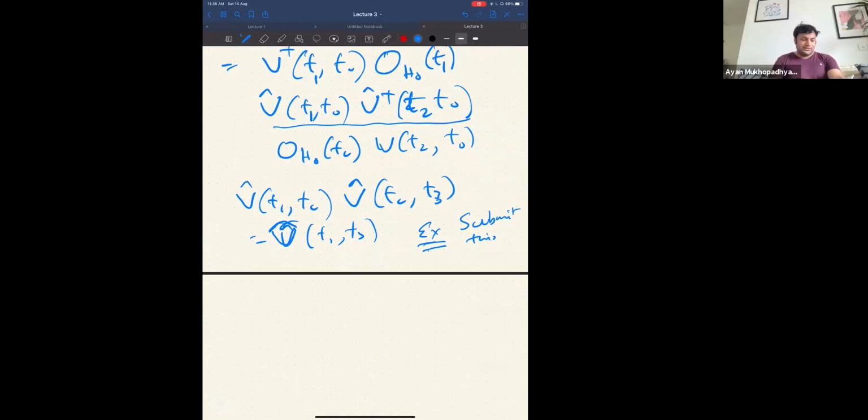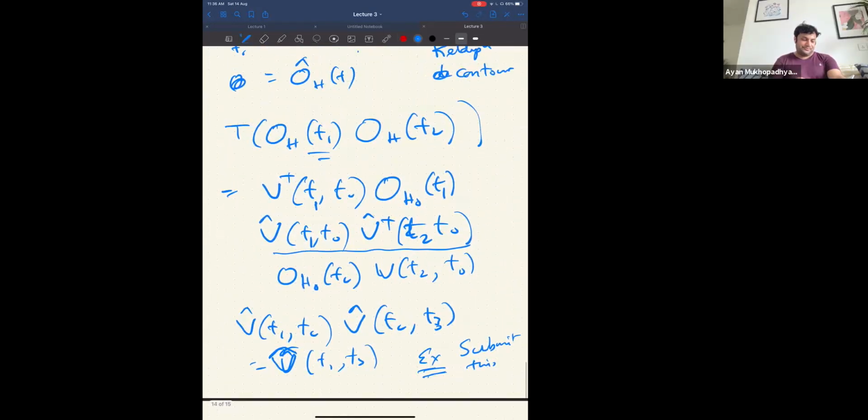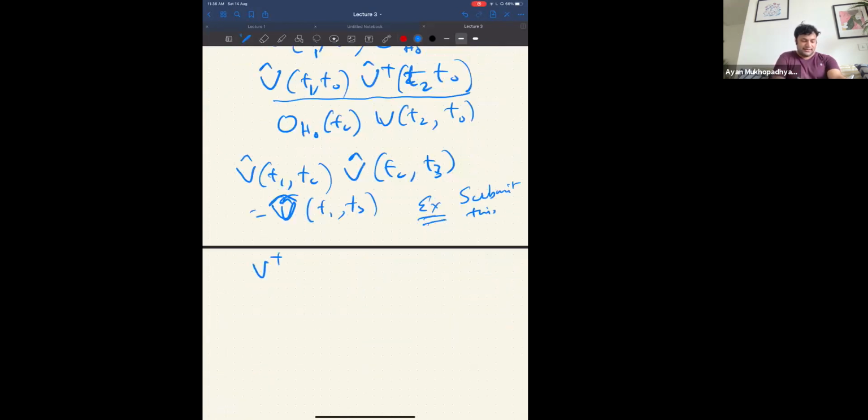Now if I do that, you see what happens here: you can similarly show that V dagger(T prime) is nothing but V(T prime, T).